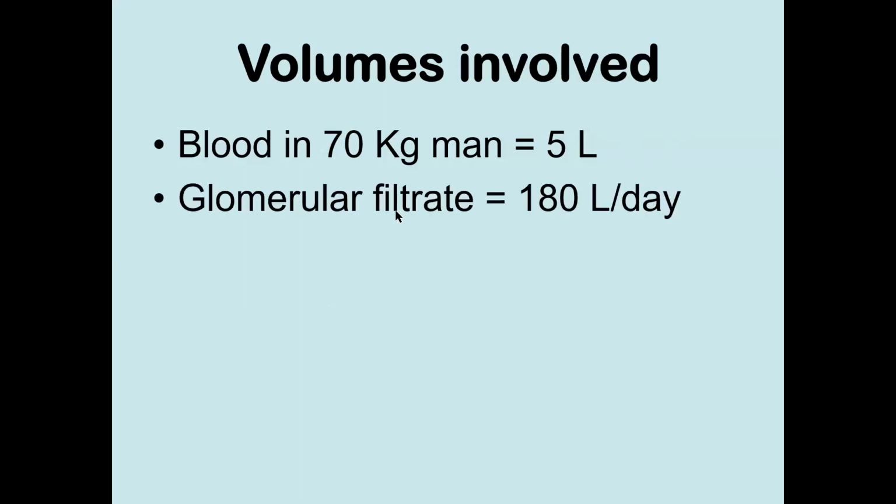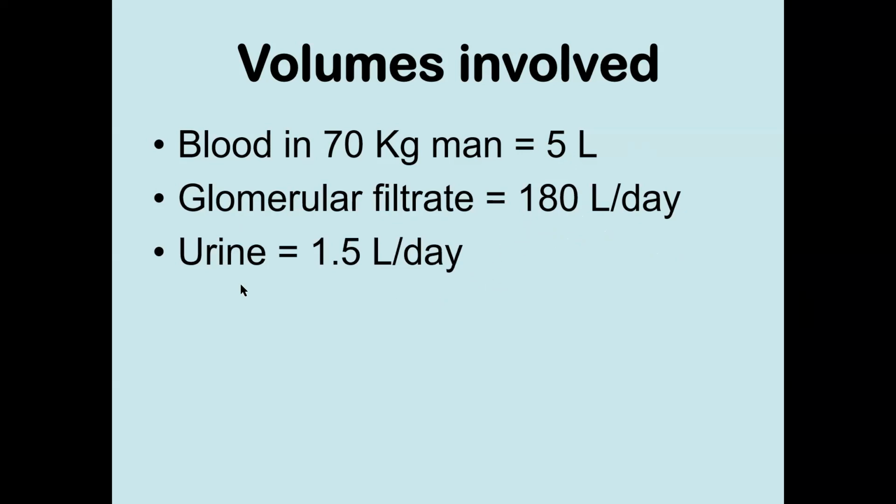Now, the glomerular filtrate, that means the amount of filtrate, the water and the sugars and the salts going through the glomeruli of the two kidneys, is about 180 liters a day. A very, very efficient filter. Now, if you divide 5 into 180, it'll give you the number of body blood volumes that go through the kidneys every day.